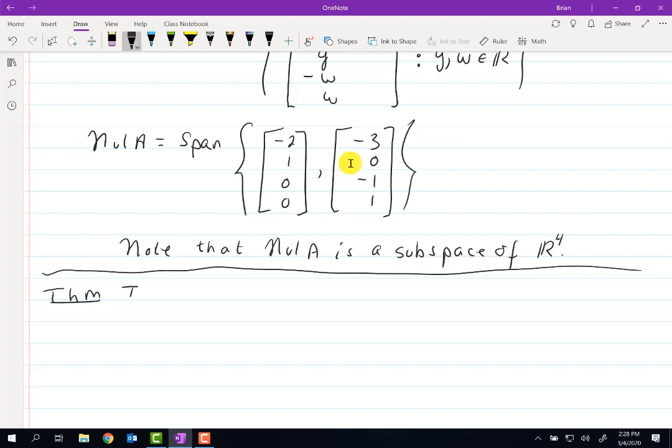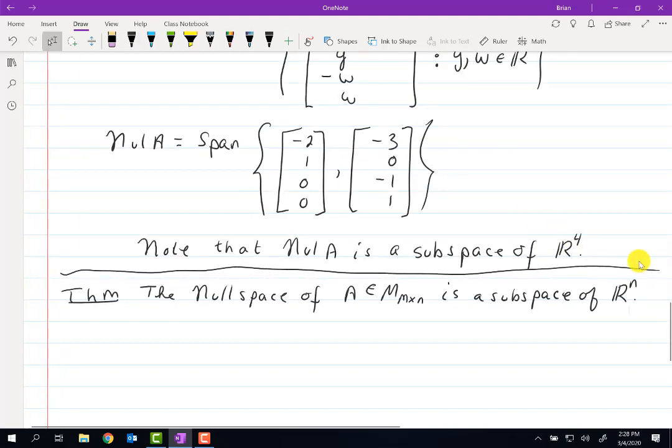It says the null space of an M by N matrix is a subspace of R to the N. Remember, the number of columns of the matrix has to match the dimension of the space. That's why it's a subspace of R to the N.